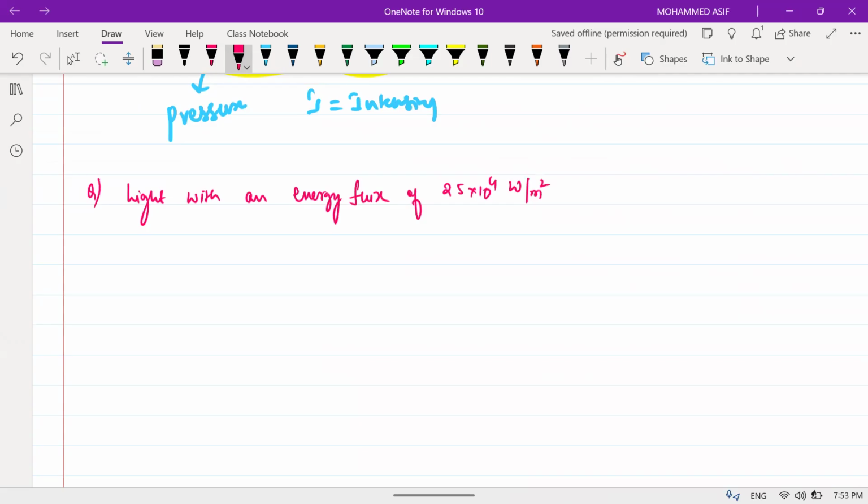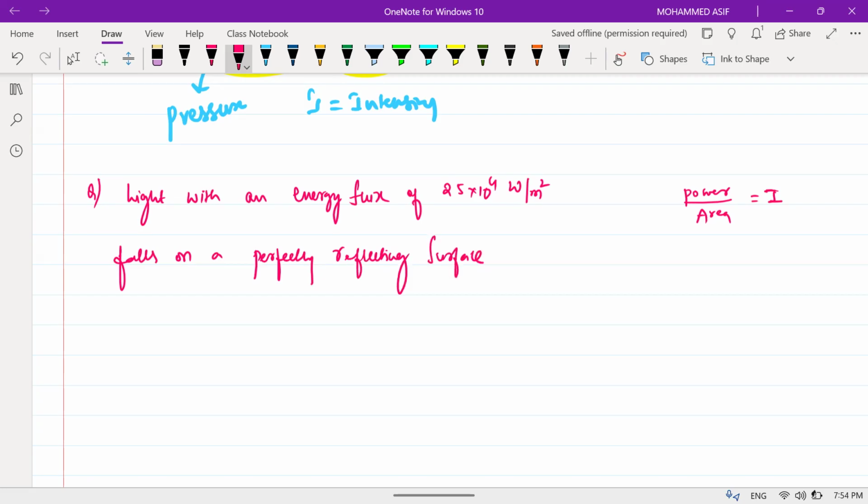Watt divided by meter square is power divided by area, so energy flux is nothing but intensity. The light wave falls on a perfectly reflecting surface at normal incidence.